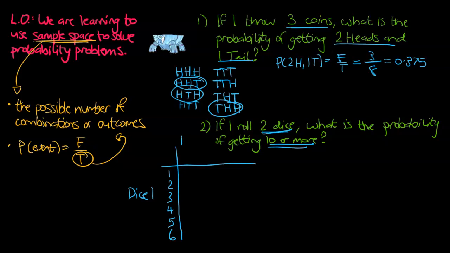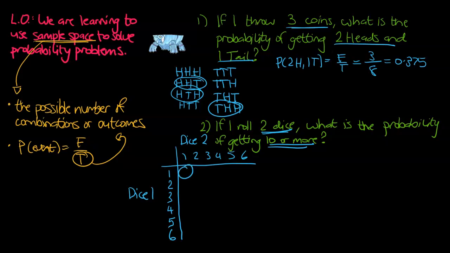And on the top there, all of the outcomes for dice 2, 1, 2, 3, 4, 5, and 6. So while we're using dice, this could change. This could be like the marbles in a bag or the letters in a word, whatever it might be. But these dice 1, dice 2 can change. And then you can consider all the combinations.